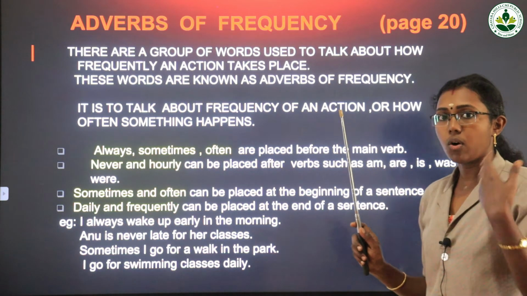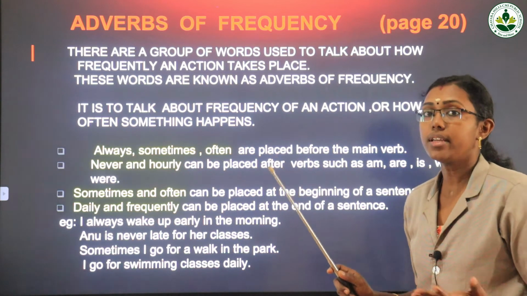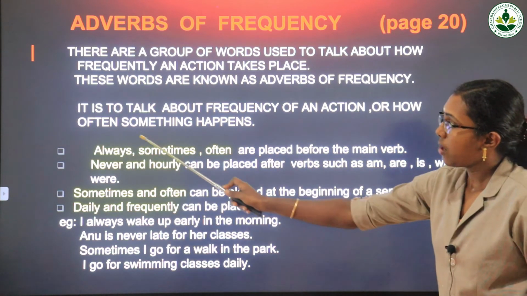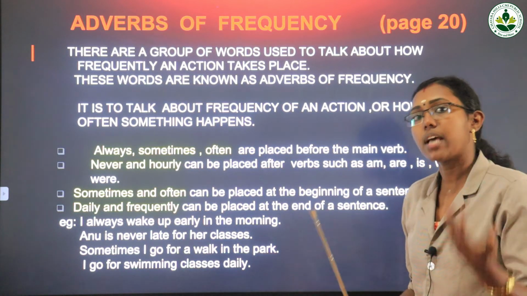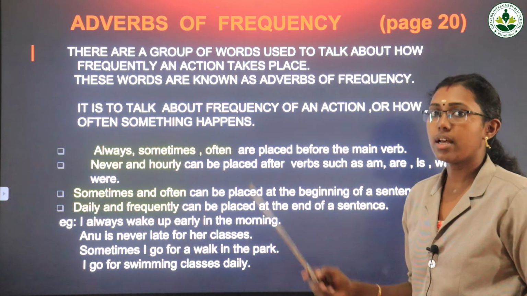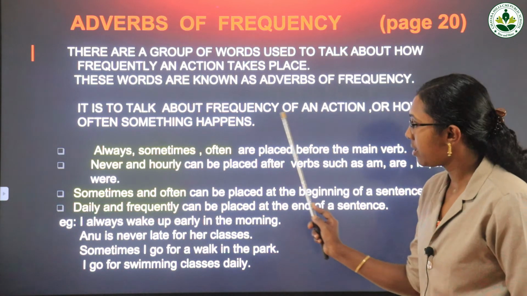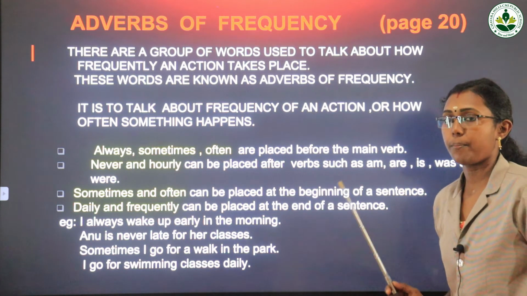Is it always, or in between, or rarely? If something happens, or is going to happen, we can use the adverbs of frequency. The main thing is the frequency of an action.